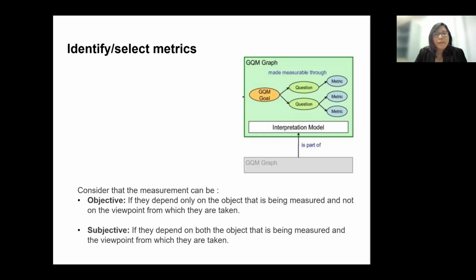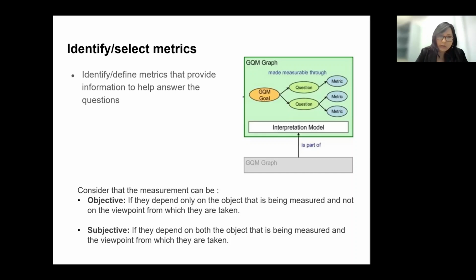So here, for the selection of the metrics, we should try to provide information for answering all the questions that we have. Okay, so it's important here to be very practical, realistic, and pragmatic.